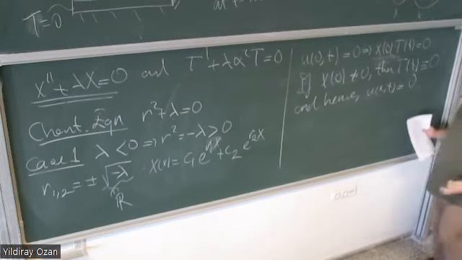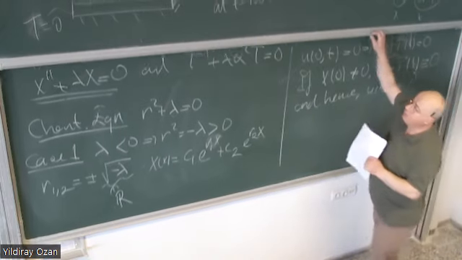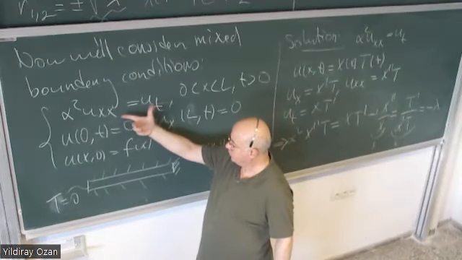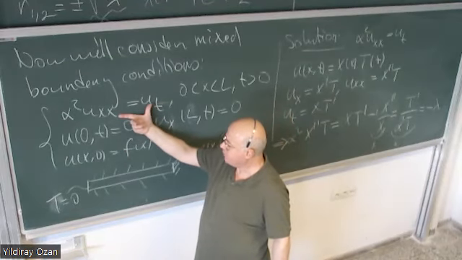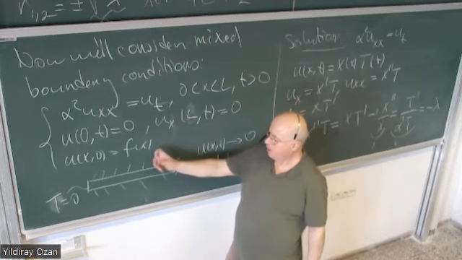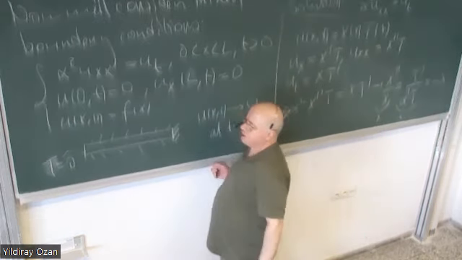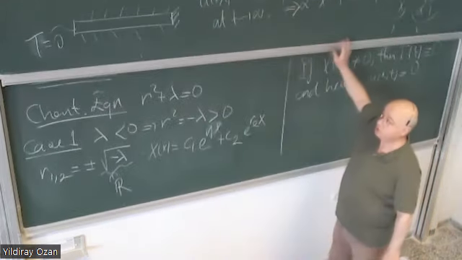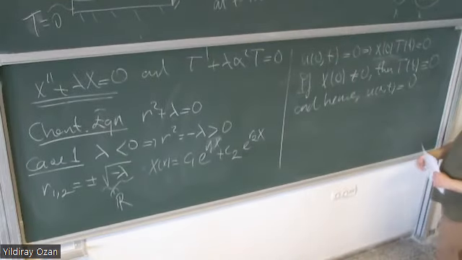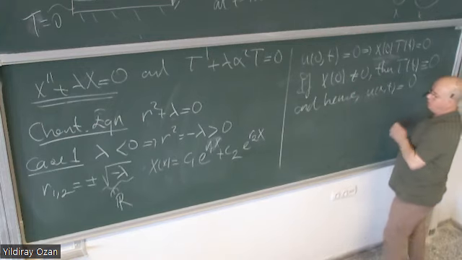But, of course, u equals 0 is a solution of this problem. It satisfies this differential equation and both conditions, but it will not satisfy the initial condition. Therefore, we are not interested in the 0 solution because it will not solve the initial value problem.